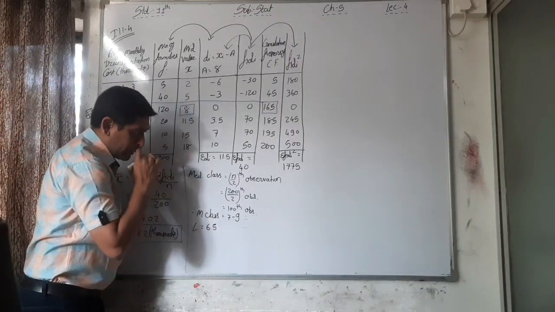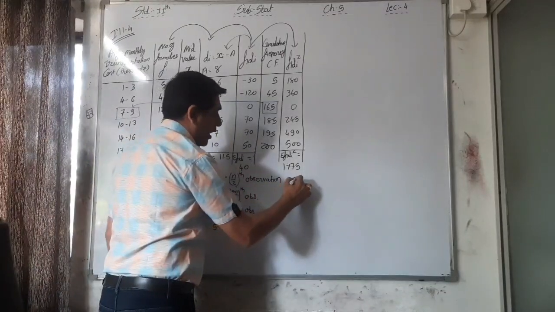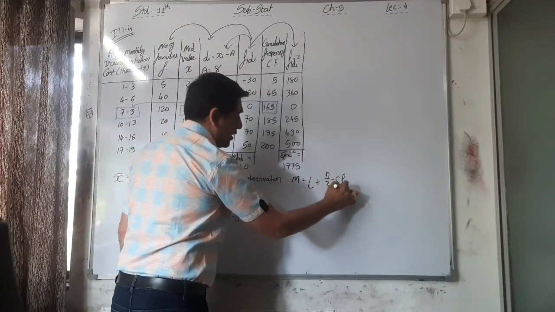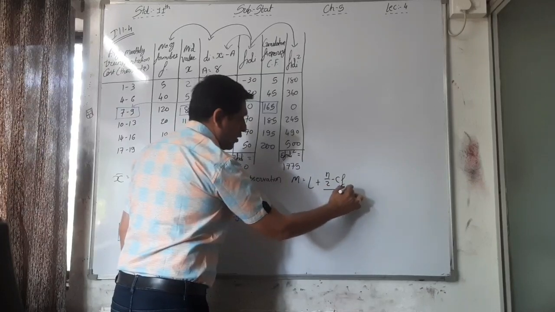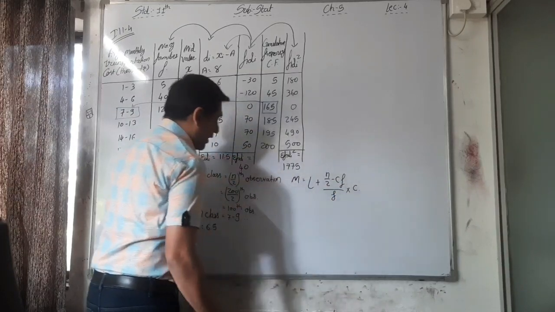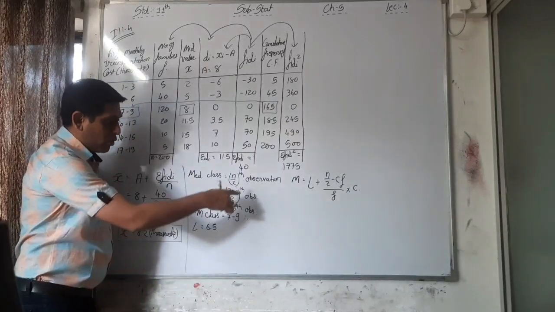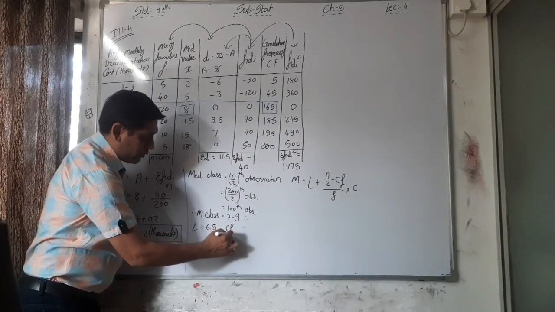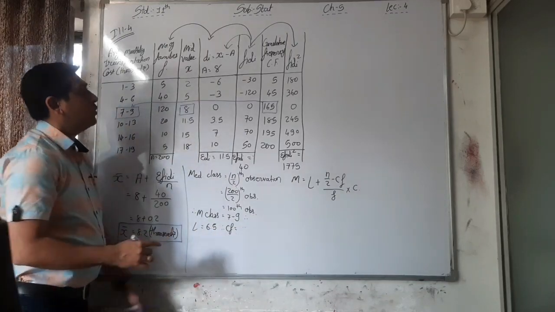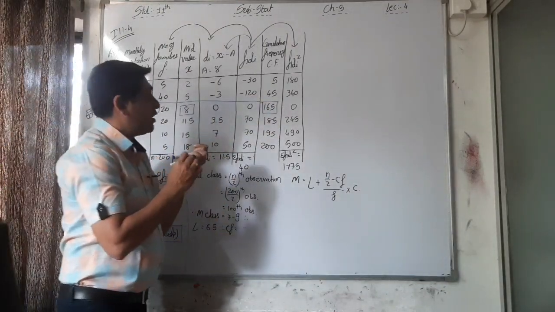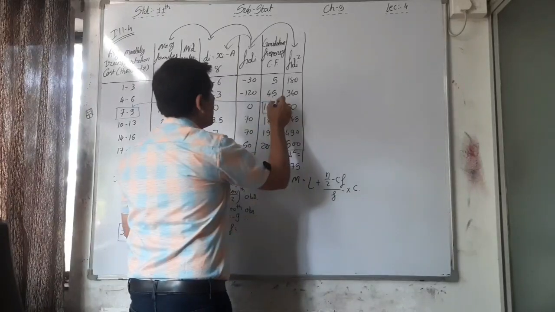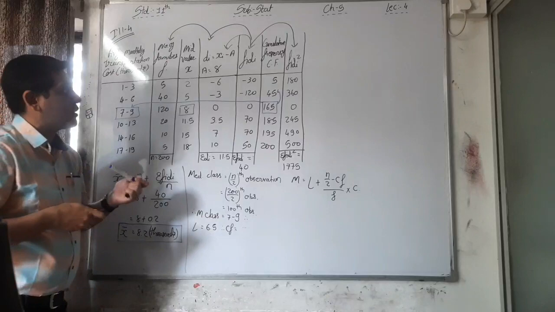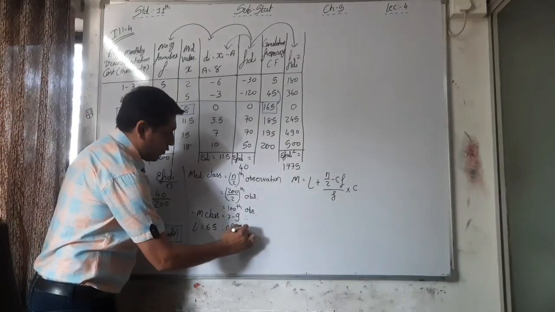Now what is the formula for the median? I am writing it here: L plus N by 2 minus CF upon F into C, if the class length is there. N by 2 we know is 100. CF is the previous class cumulative frequency. We see in the cumulative frequency column the previous class cumulative frequency, that is 45.